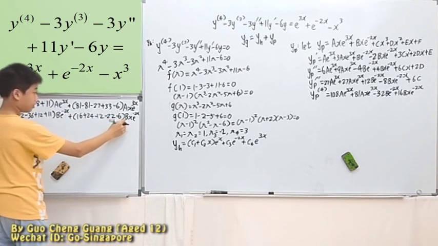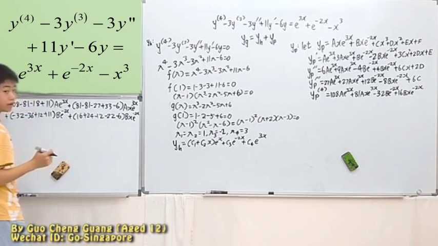Okay, so here's for bx times e to the power negative 2x.